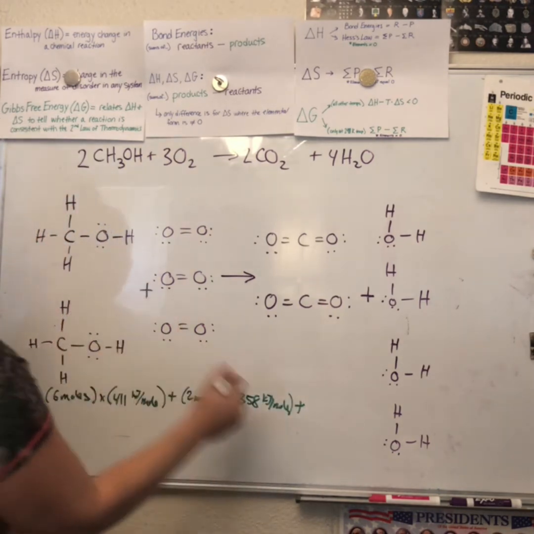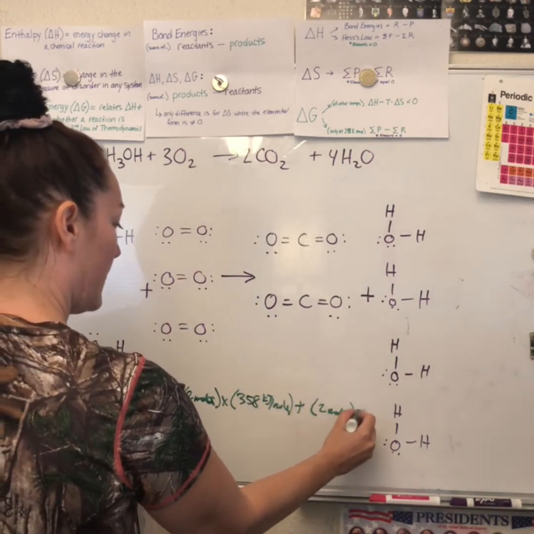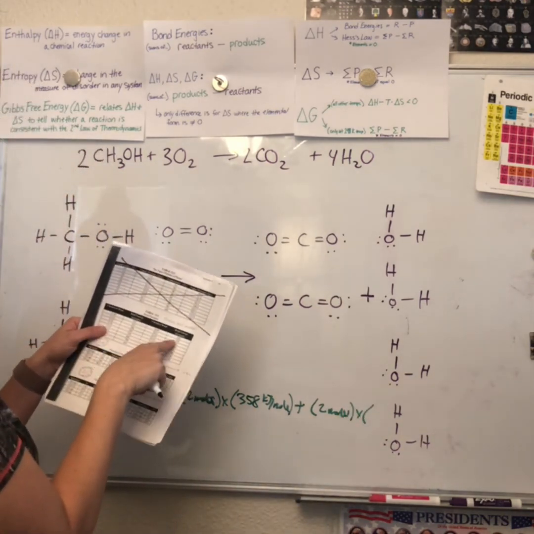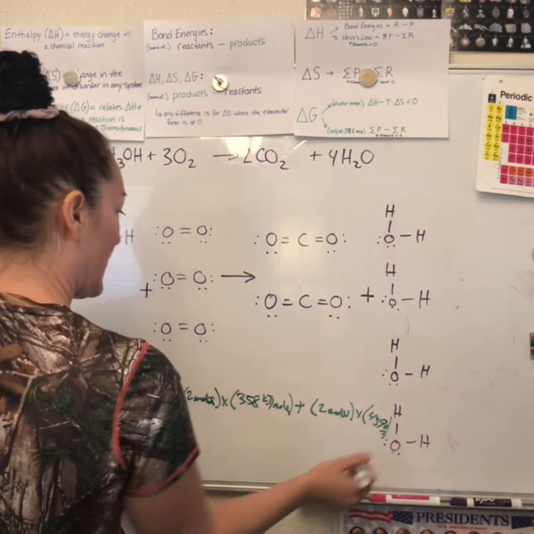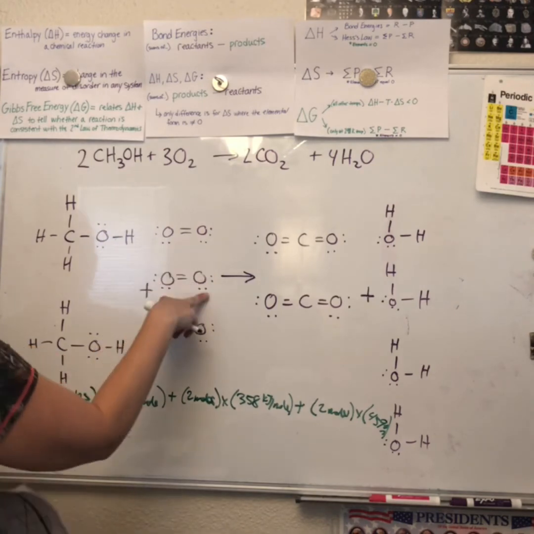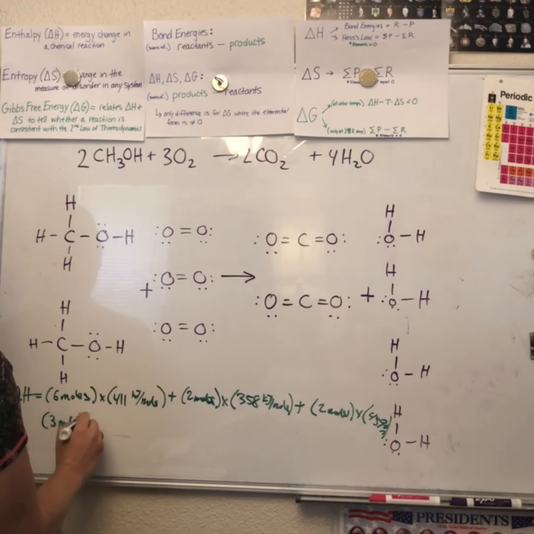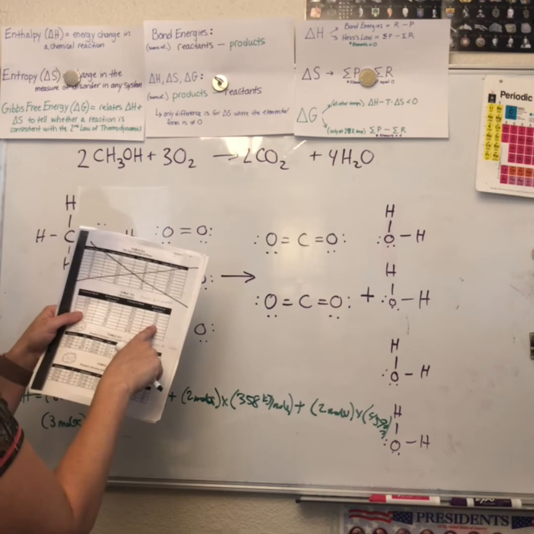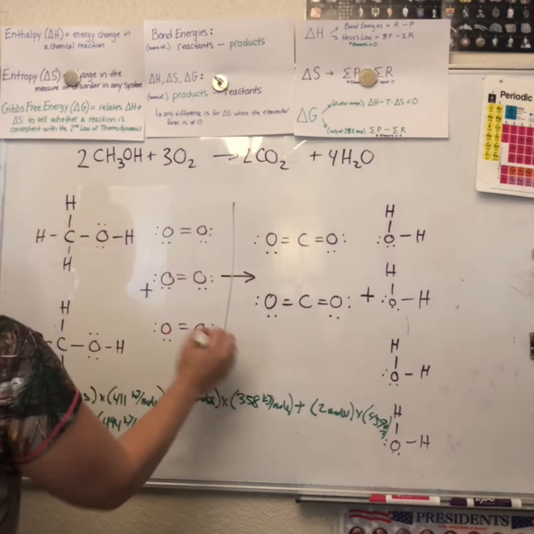I've got 2 of them, so I'm going to put 2 moles times that oxygen to a hydrogen, 459 kilojoules per mole. Then I've got 3 moles of the double bonded oxygen, which is 494 kilojoules per mole. That's it on this side.